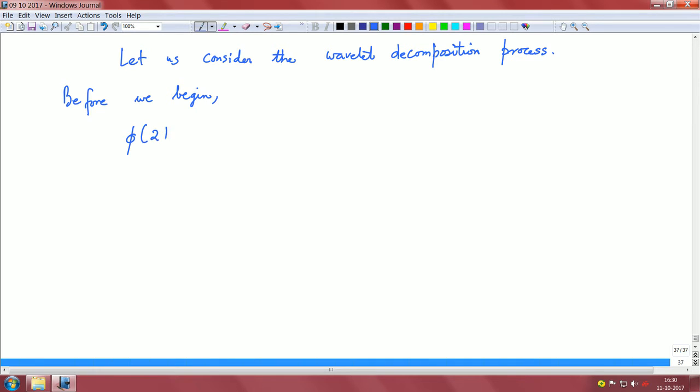Phi of 2t is basically psi of t plus phi of t upon 2. This is one important relation.